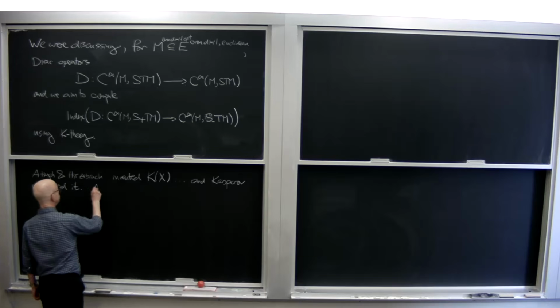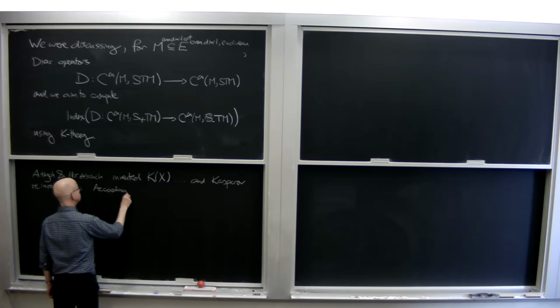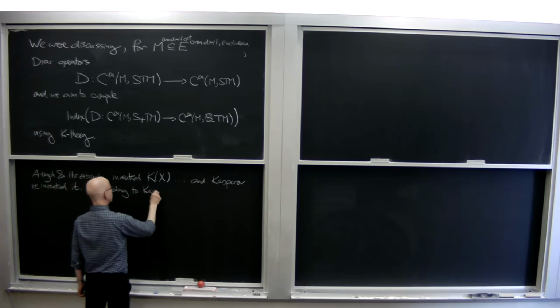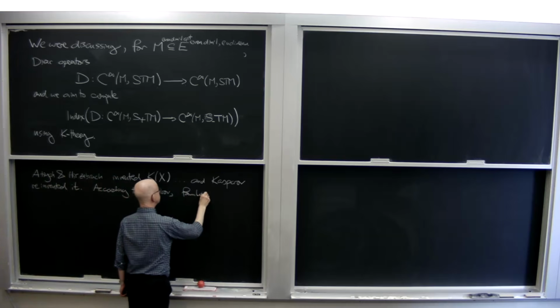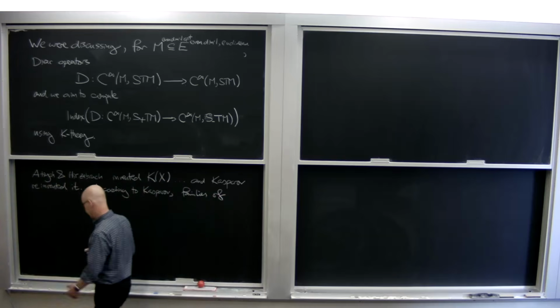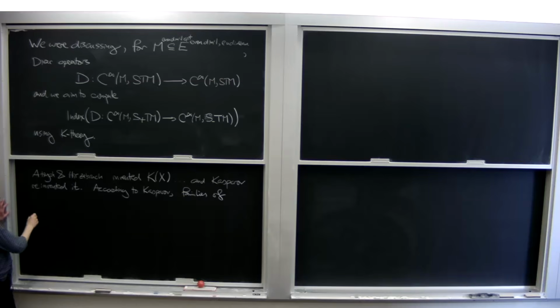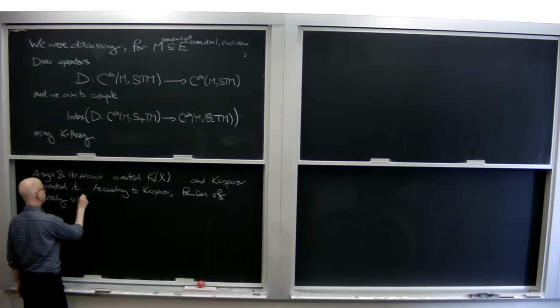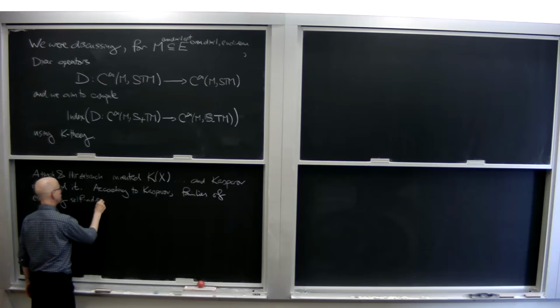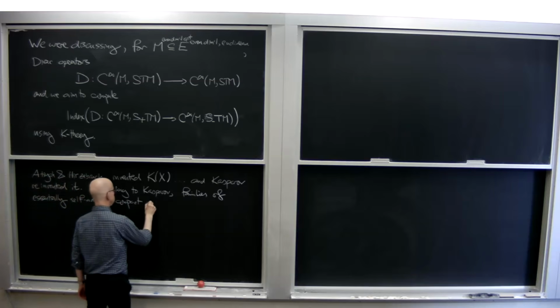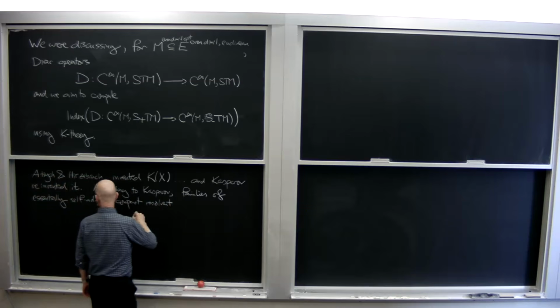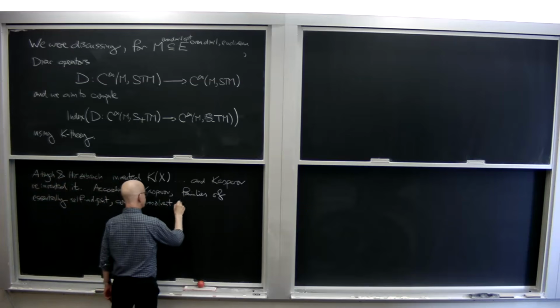So according to Kasparov, if you have families of, I'm not going to write down the whole definition that we discussed last time, but you can build a K-theory class from suitable families of essentially self-adjoint, compact resolvent, which is like saying Fredholm, Hilbert space operators.